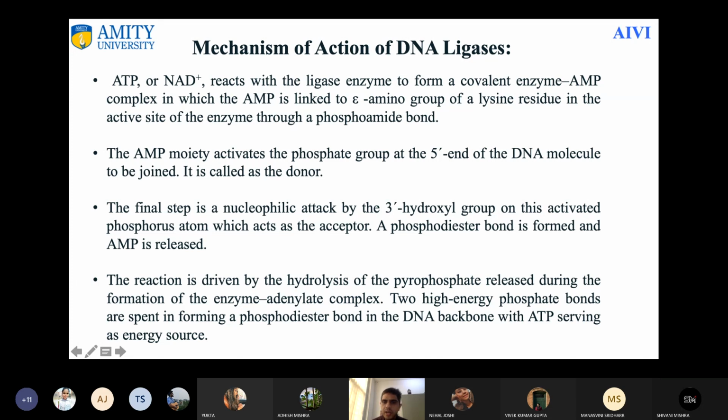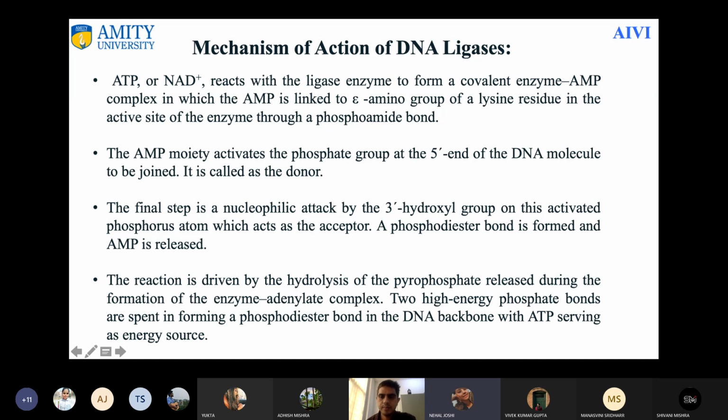And the reaction is driven by the hydrolysis of a pyrophosphate. So what is the pyrophosphate? Can anybody tell me what the pyrophosphate is?